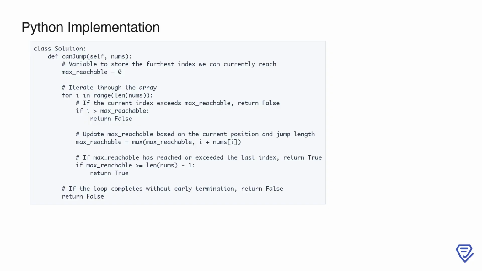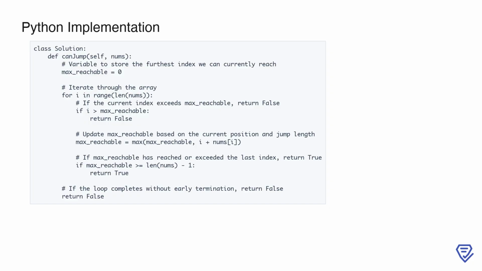3. Early termination for unreachable indices. The condition if i > max_reachable handles cases where the current index i is beyond the furthest reachable position, max_reachable. If this happens, it means the position cannot be reached, and the function immediately returns false. 4. Updating max reachable index. For each index, max_reachable is updated to the maximum of its current value and i plus nums[i].